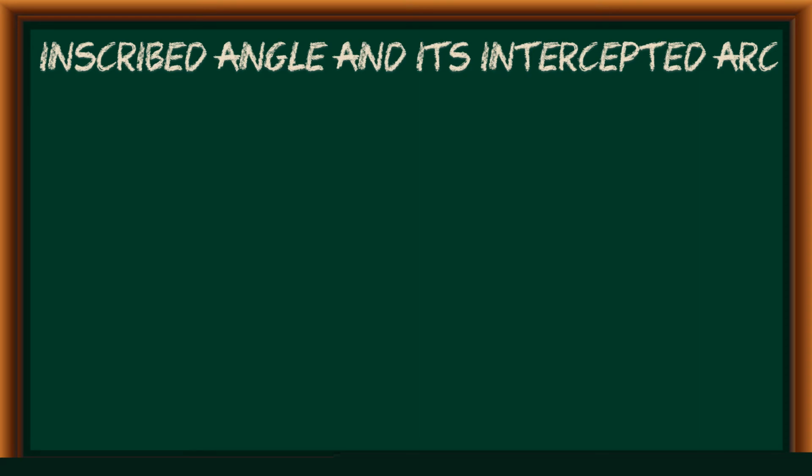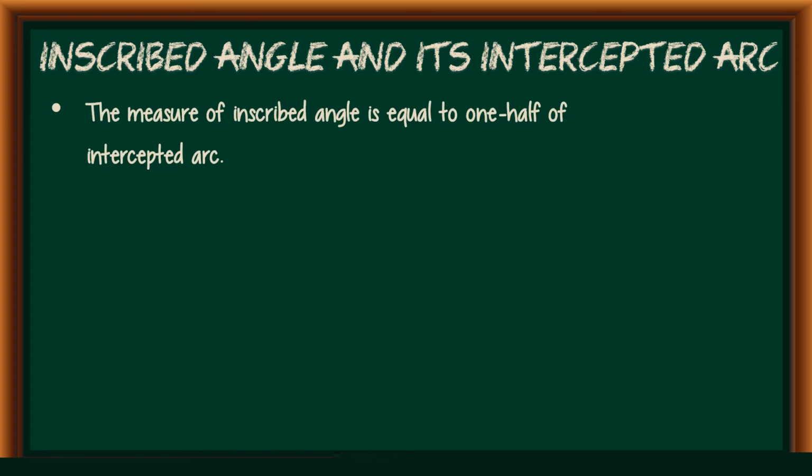Next, inscribed angle and its intercepted arc. Let us recall the difference between a central angle and an inscribed angle. Again, an inscribed angle has its vertex on the circle, and its two sides are two chords.